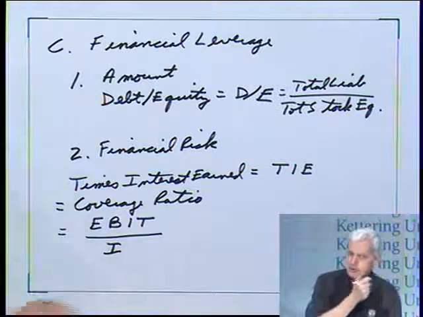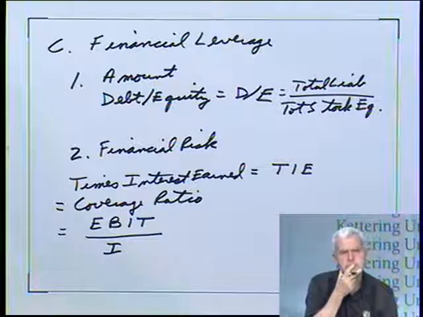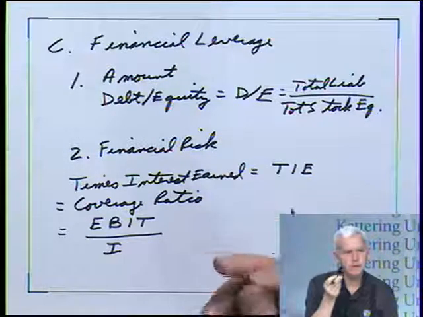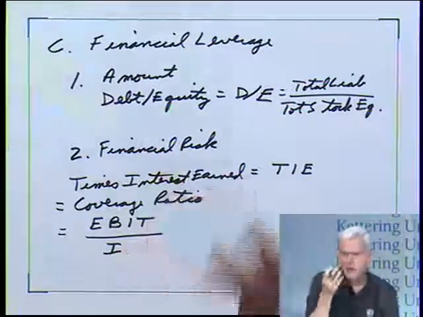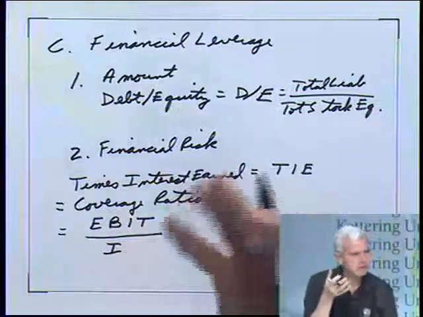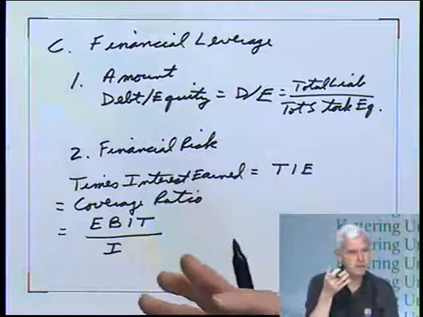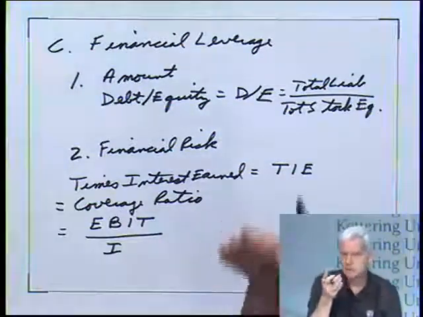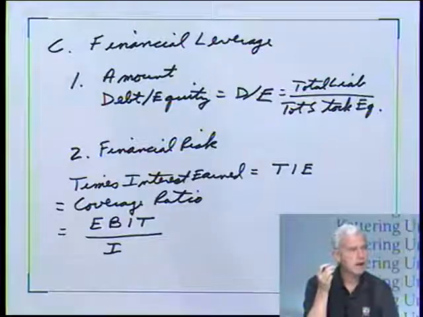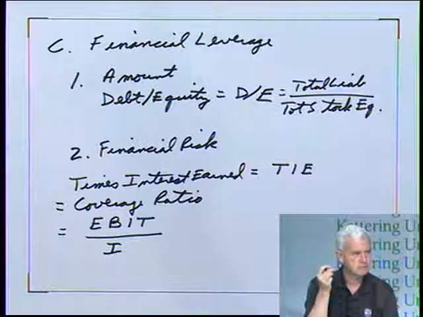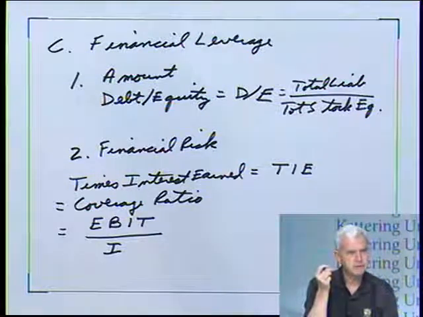Now what if this ratio is 1 to 1? Earnings before interest and taxes, so really the cash flow that the business is able to generate, or the operating income, maybe is a better way of phrasing it, is just equal to the interest cost. Is that a good situation?